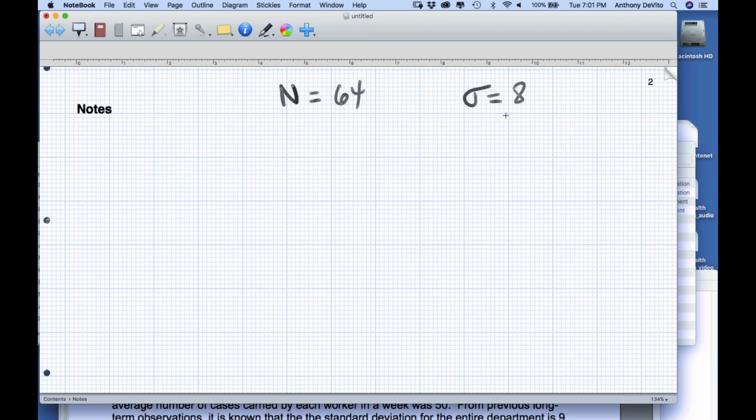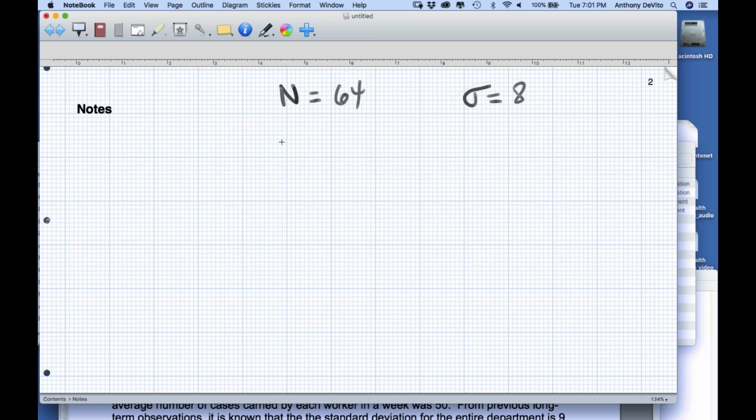Normally we really don't know that. We're going to ignore that until we start doing problems that involve the t-test, the t-value, because most of the time we can't use z since we don't actually know the standard deviation. We're going to see why that's true.